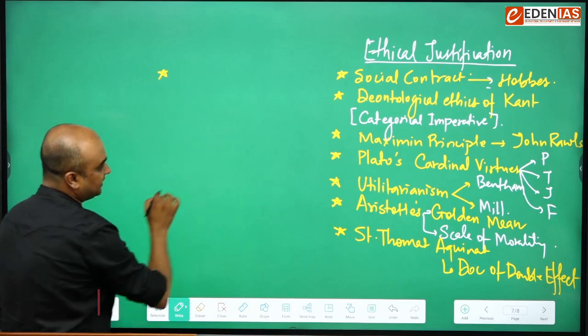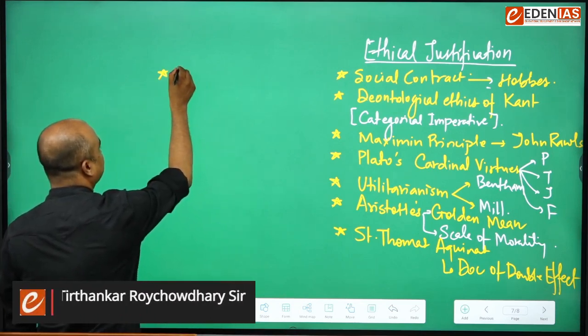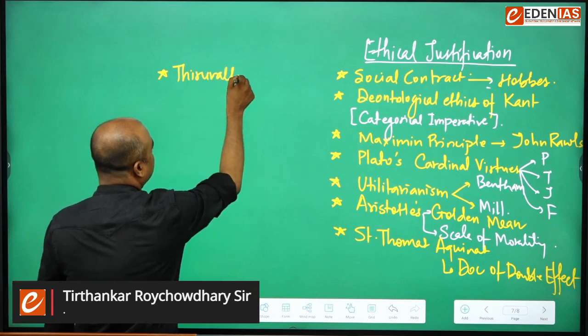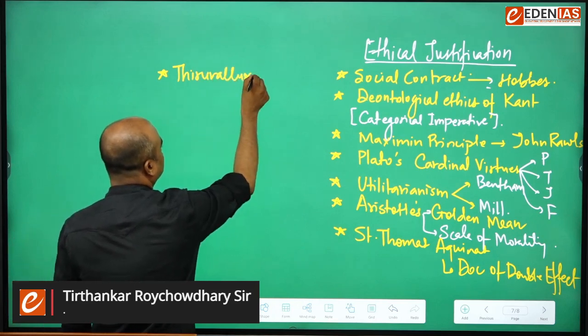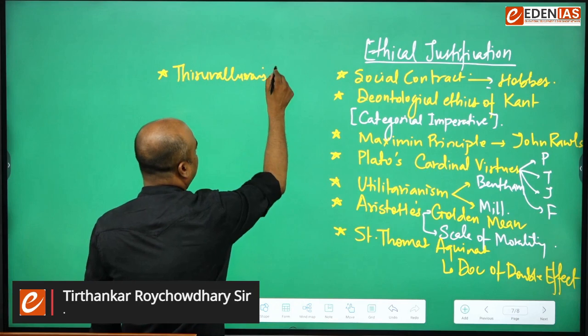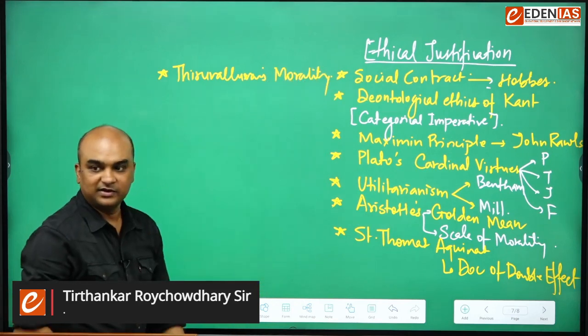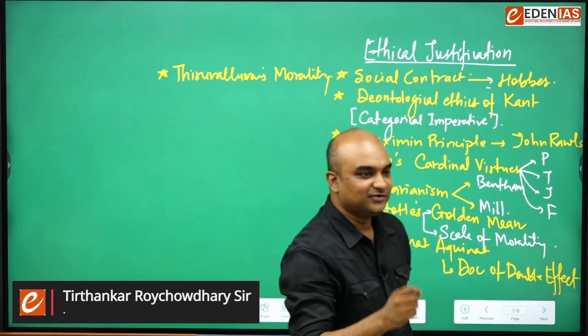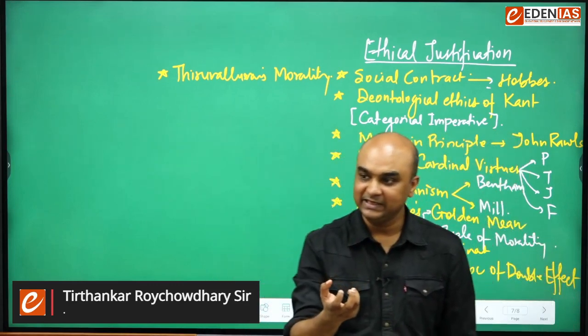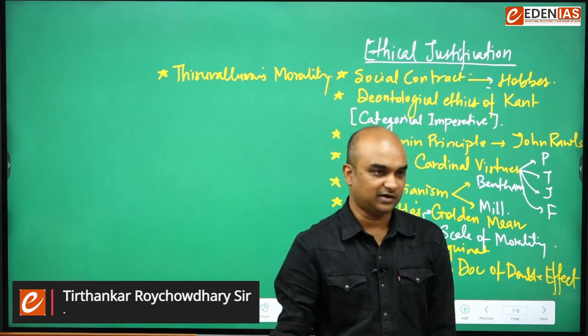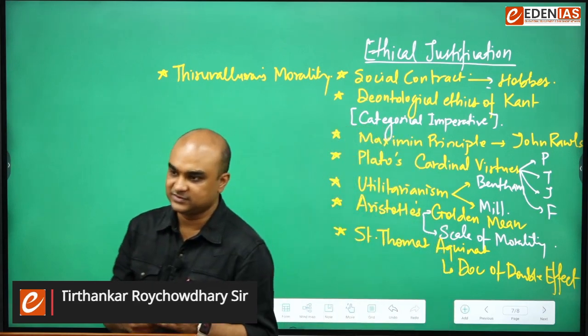Then think about, say for example, Thiruvalluvar's morality. What did Valluvar suggest? Do not take the money if it comes from unfair means, even when your mother is starving. Do you understand that? You can always use that.